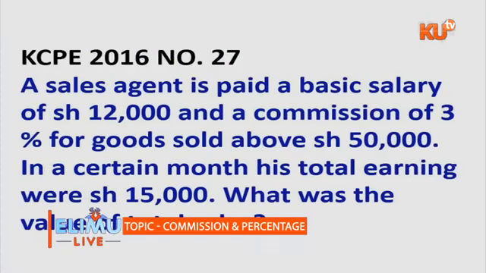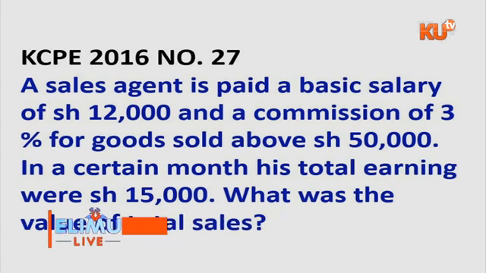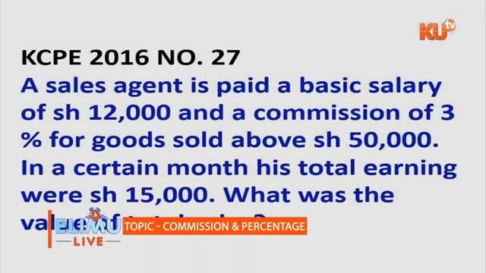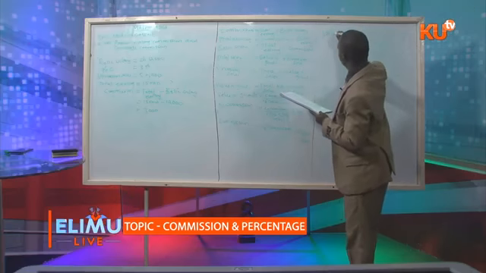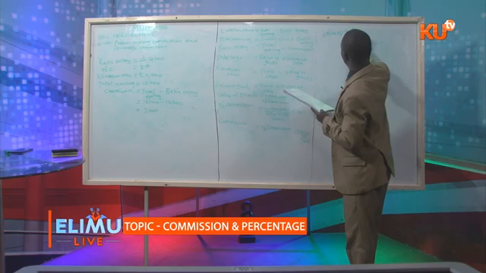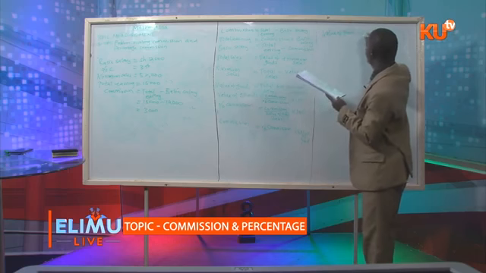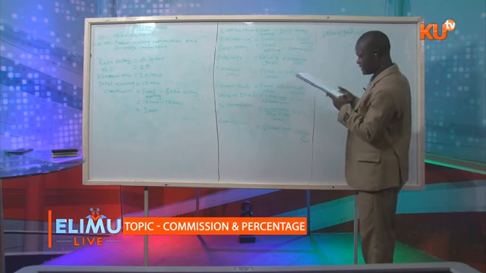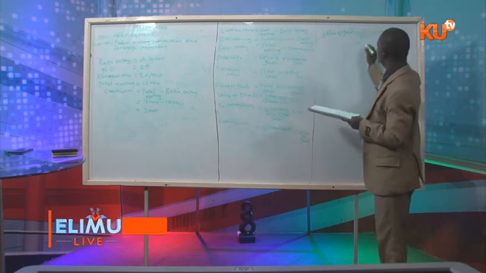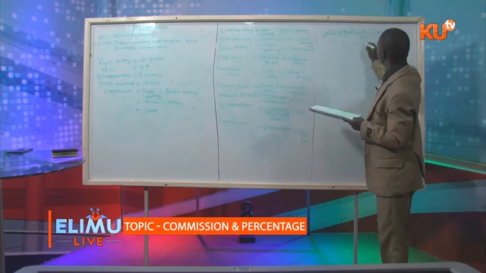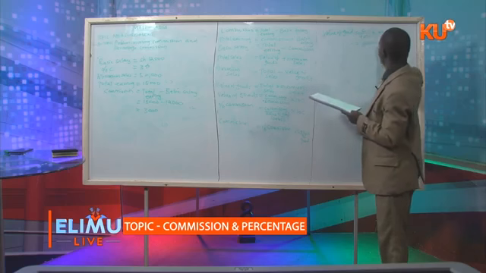How do we find the value of goods? Value of goods is equal to commission over percentage commission, then times 100. So already we have gotten the commission as 3,000 shillings, so times 100.